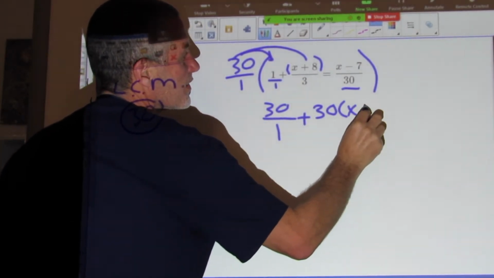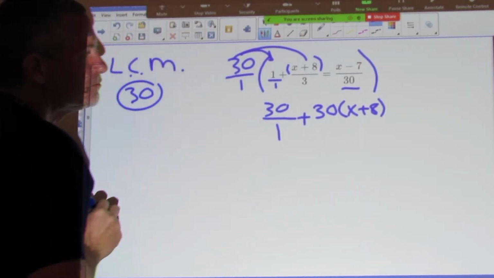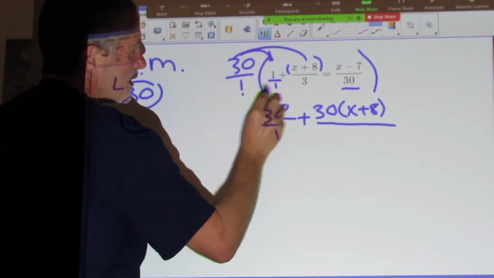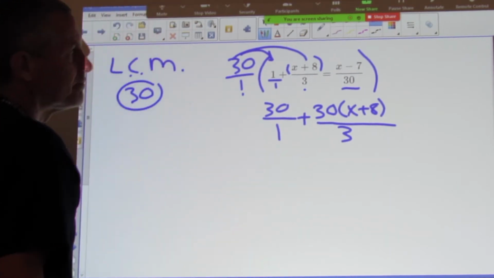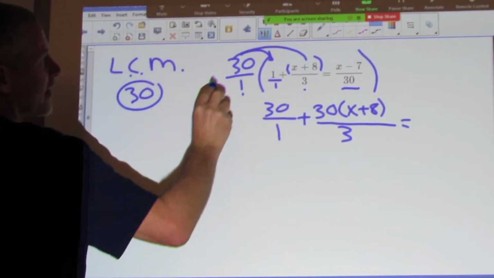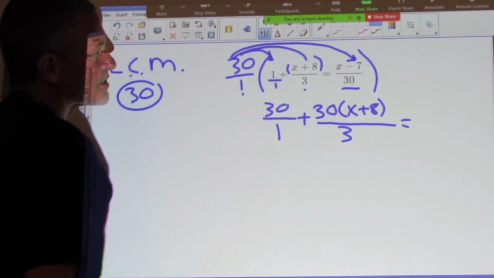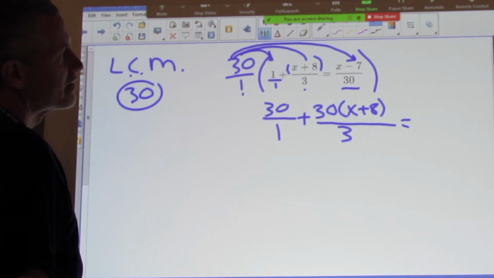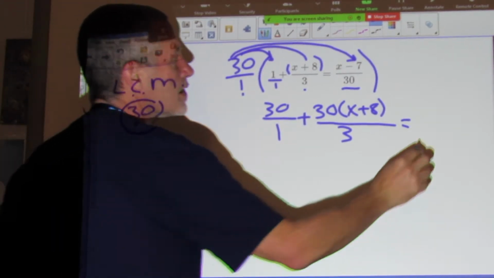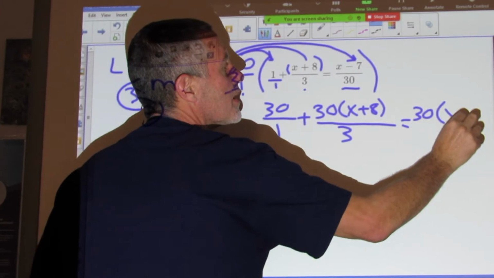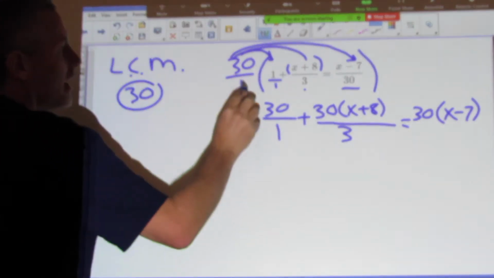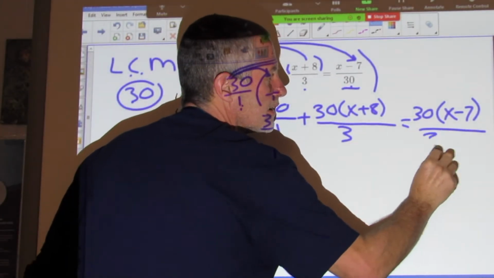And that'll look just like that. Over 1 times 3, so that'll be 3. And then finally, the final one has a binomial in the numerator, so it's 30 times the quantity, x minus 7. And 1 times 30, which is 30.